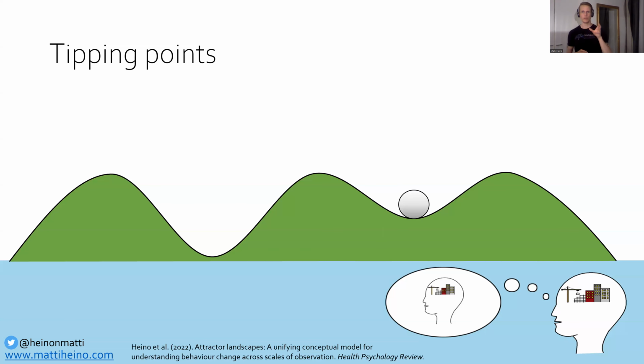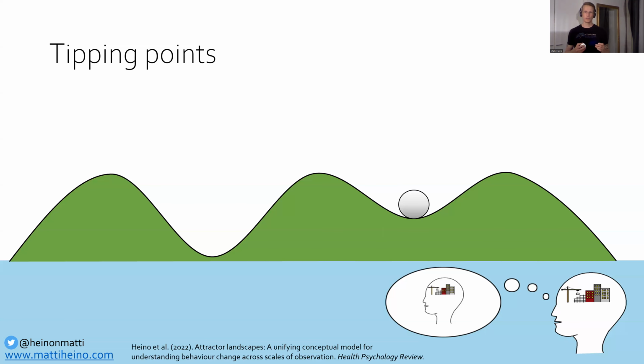All of those patterns would create this dynamic on the micro level that would then create this attractor landscape that would allow or repel some behaviors or some states of the system on the macro level. So the landscape is an emergent feature of the micro level interactions.